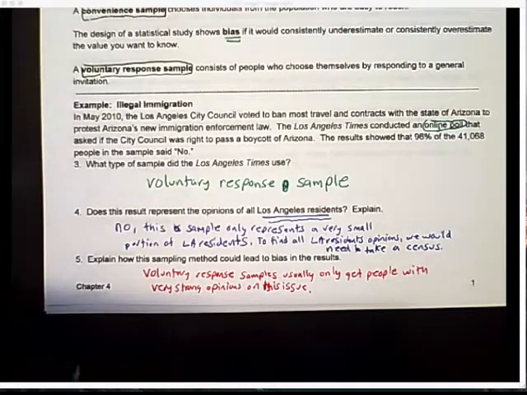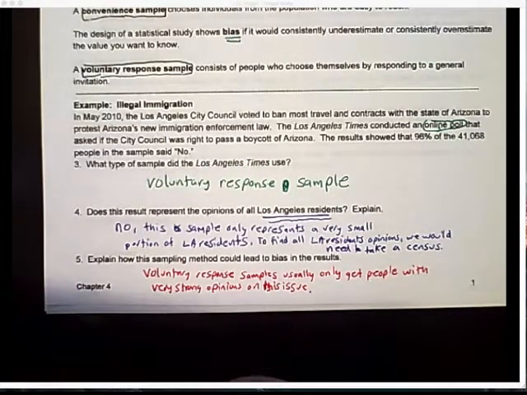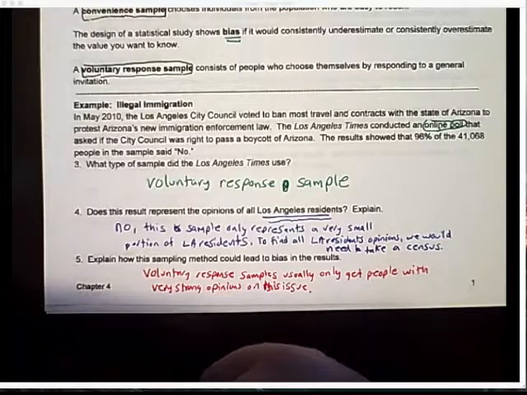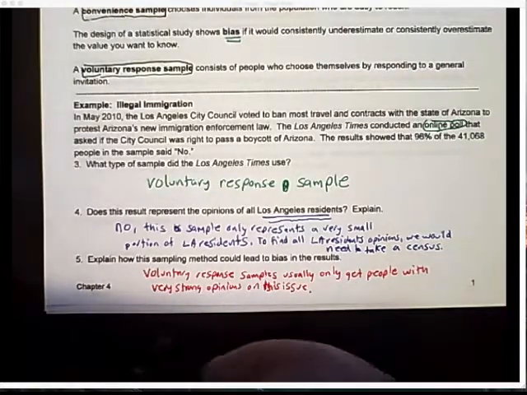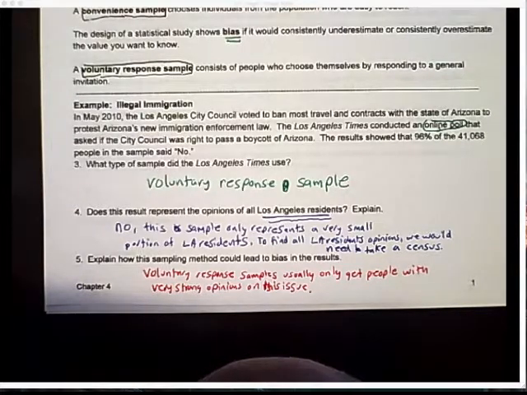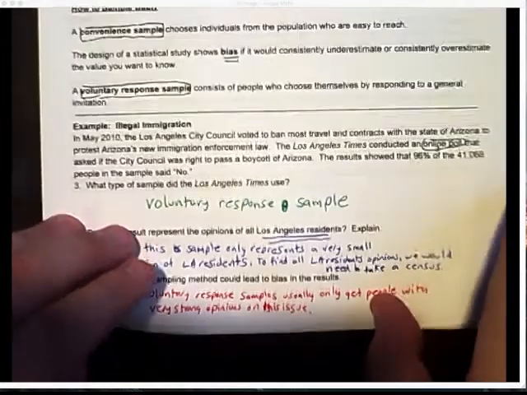So the people that are saying that think that LA should just continue to do business with Arizona despite their immigration enforcement law. So it could lead to bias because we only have people that have very strong opinions on this issue. And that's true for most voluntary response samples.